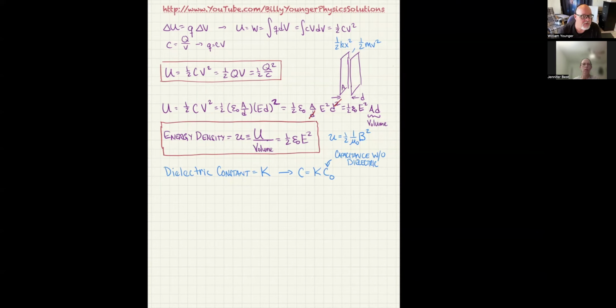Your book is nice in that it comes with a table of dielectric constants in it. Just to give you a couple of examples, I'll read off a couple of them. They're on, I can't even remember the page number because we use ebook so much. 704 is the page number. For instance, air has essentially a dielectric constant equal to 1, which is really what a vacuum is.